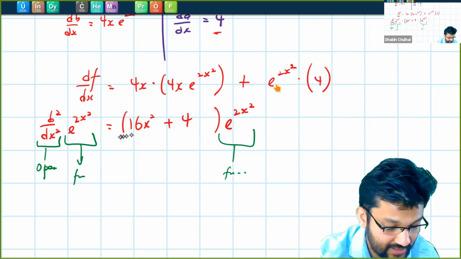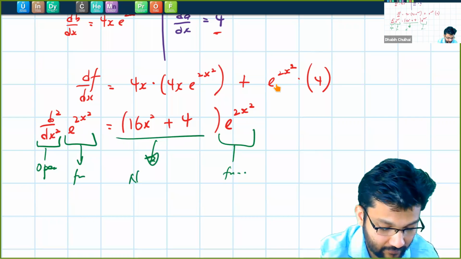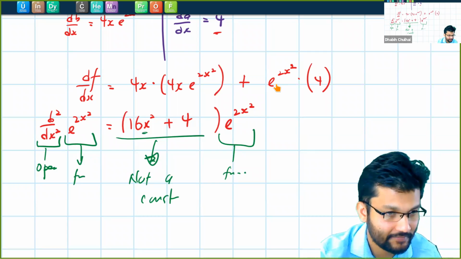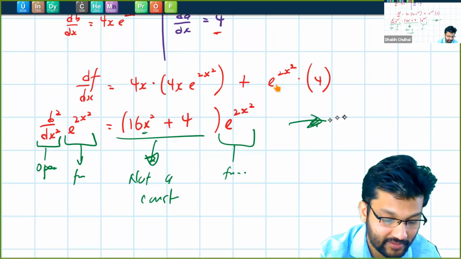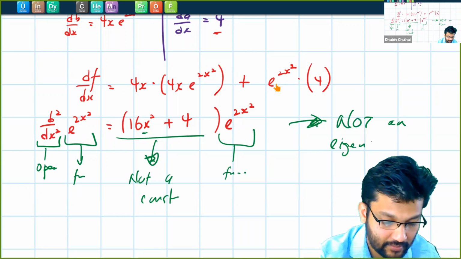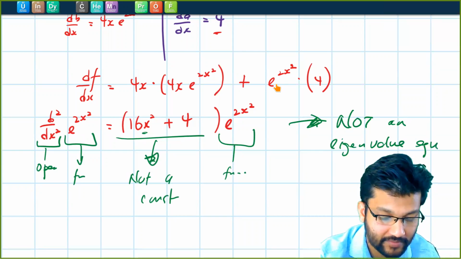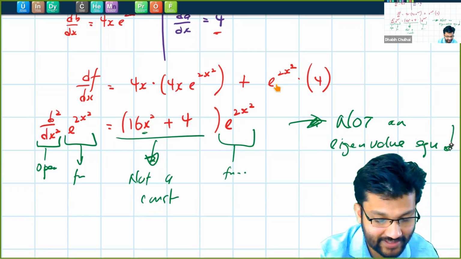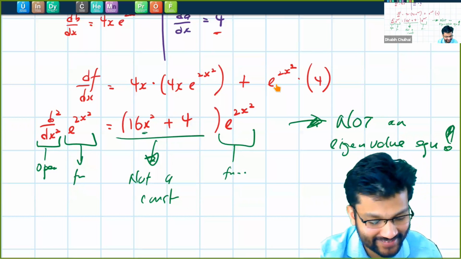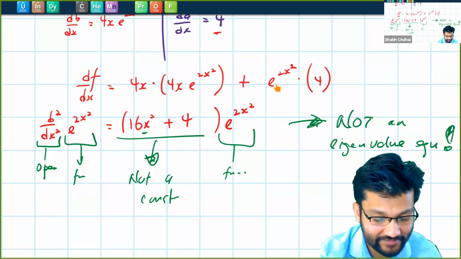But no, this is not a constant. There's x in there. X is not a constant. X is a variable. So this is not an eigenvalue equation. Thanks for asking that. I forgot that that's what we were aiming for with this question, and I went off on the math part of it. But yeah, that's not an eigenvalue equation.